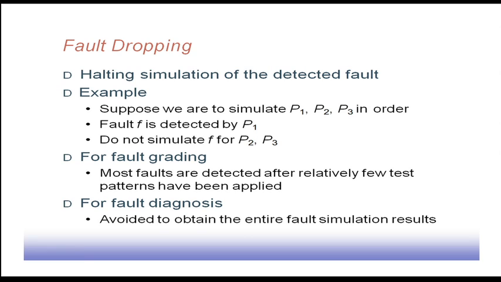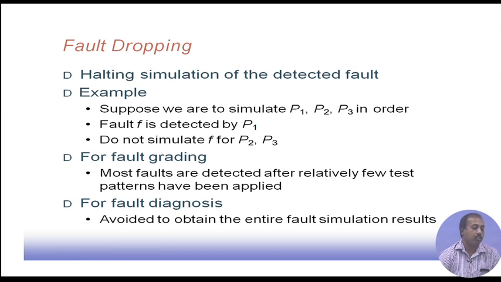Next we discuss a concept called fault dropping. Basically we want to halt simulation of the detected fault. So that is the thing known as fault dropping. Suppose in the previous example that we are considering, having 3 patterns P1, P2 and P3, we are simulating in this particular order, P1 followed by P2 followed by P3, and fault F is detected by P1.